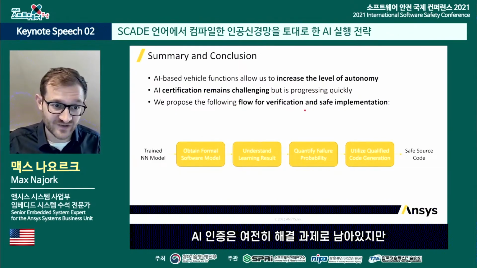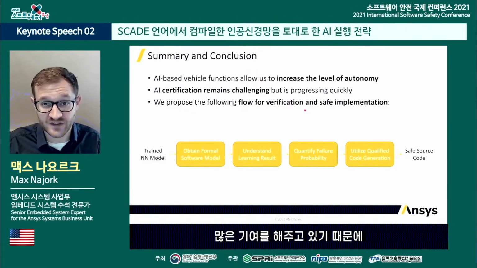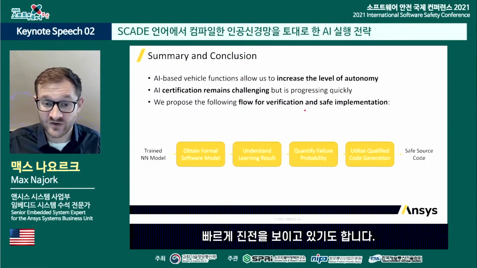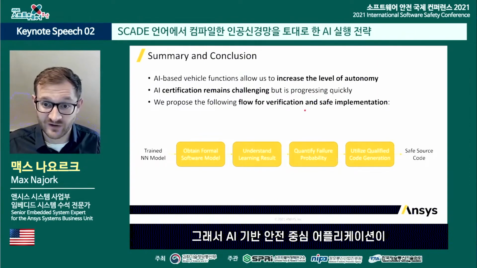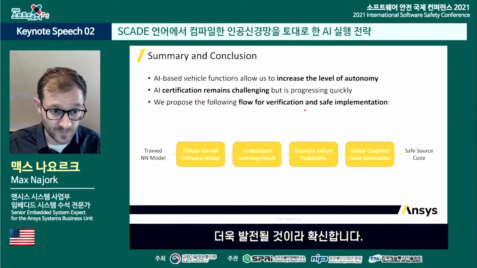We've also seen that AI certification remains challenging, but with a large contribution to the different standardization committees in that domain, there's a lot of progress. So we are very confident to see AI in safety critical applications in the near and mid future.